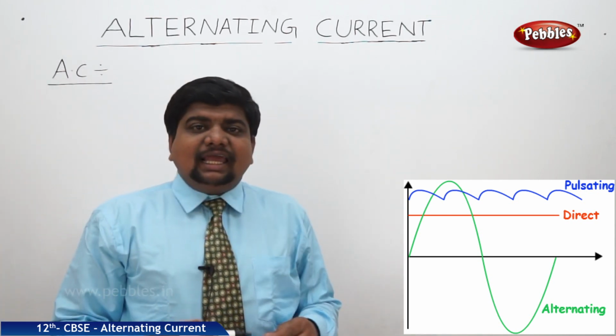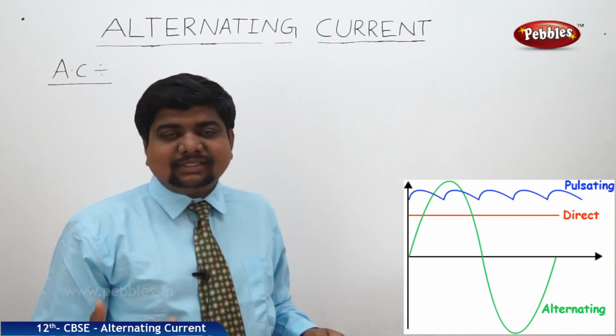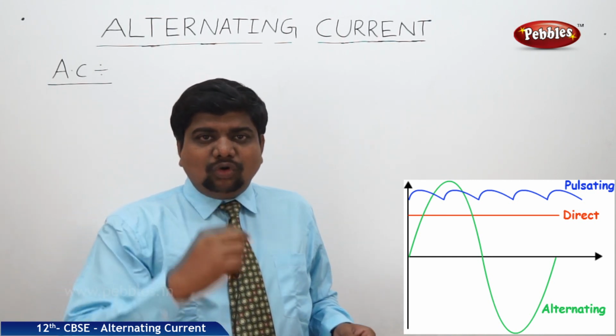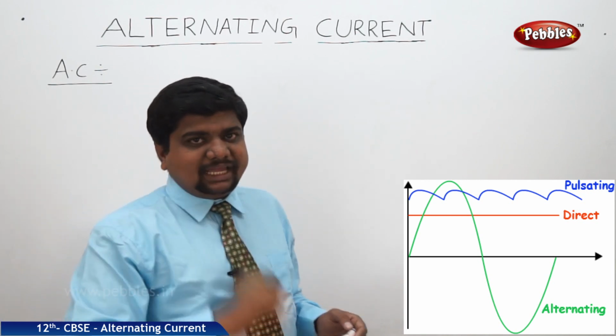If you see the electric supply in our homes, in offices, and shopping malls, where you can see this arrangement of electricity, the voltage always varies like a sine function with respect to time.